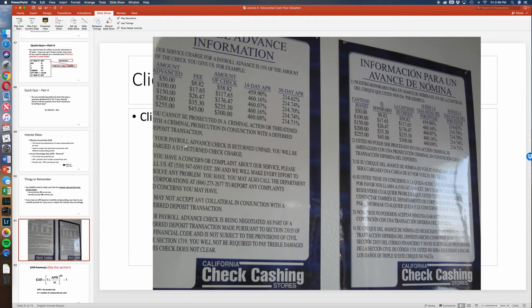Let's look at it: if you take an advance of $50, they charge you a fee of 8.82, right, for 14 days, or for 30 days per month. You get cash in advance, and the amount of the check you owe in this case is 58.82. The advance, the money you receive, is 50.